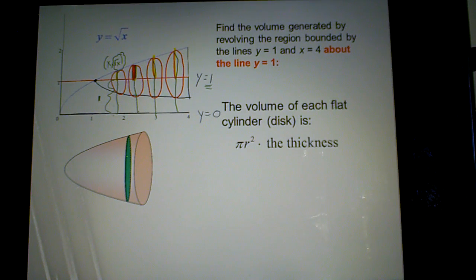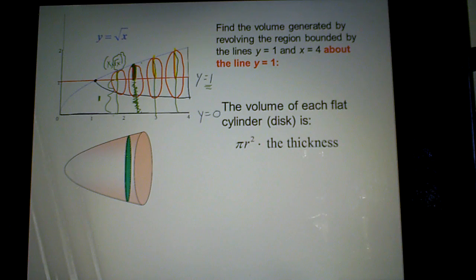So the radius that I want for this potato chip is the square root of x take away 1. The radius that I want, going from the axis of rotation up to root x, has that too much from the function. The height of the function comes from the x-axis up to root x.